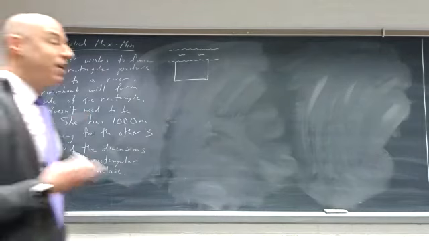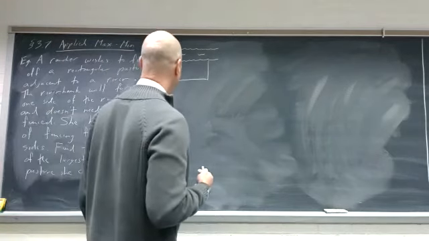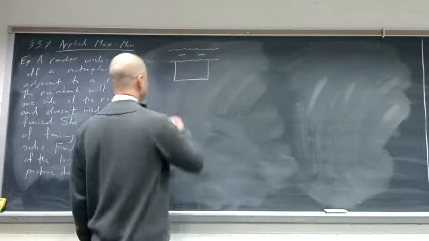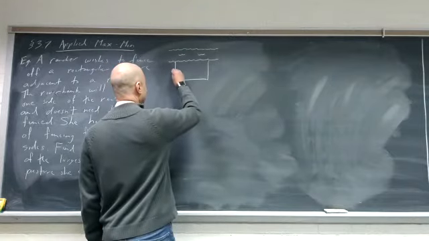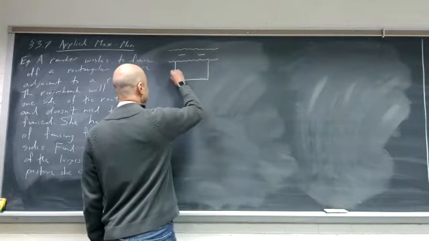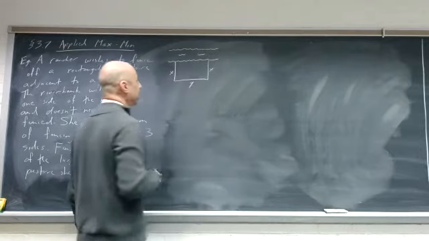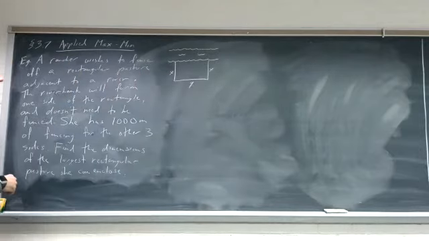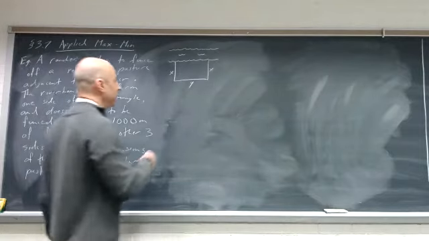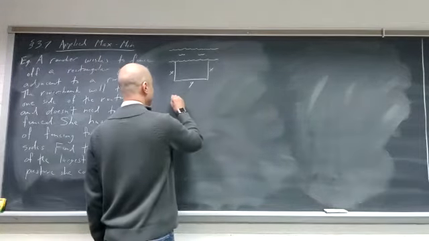Step one, draw a picture. Step two, define variables. So I can call this maybe, let's say, x and this x and this y. And I also need the variable for area.